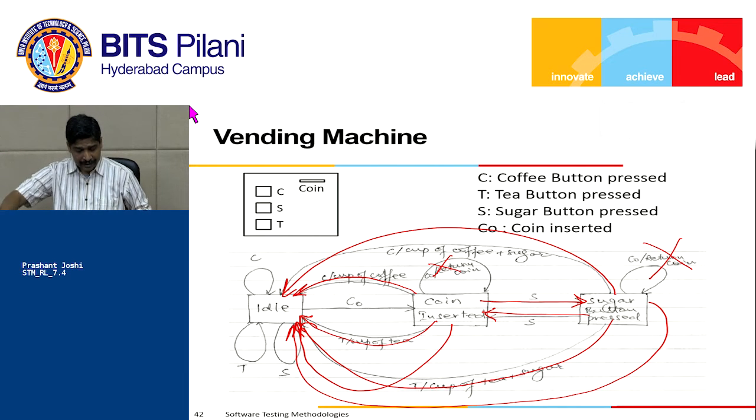Now, let us build this as a graph. How do I now do the same state-based testing? Would that state-based testing which we discussed in the previous topic be helpful over here? Of course, yes. I want to cover states, I would like to cover transitions, and I would like to make sure that I cover paths. A path which allows me to insert a coin and get a cup of coffee.